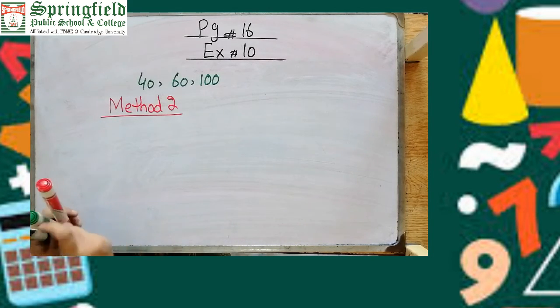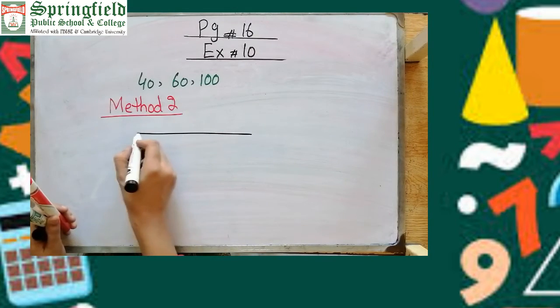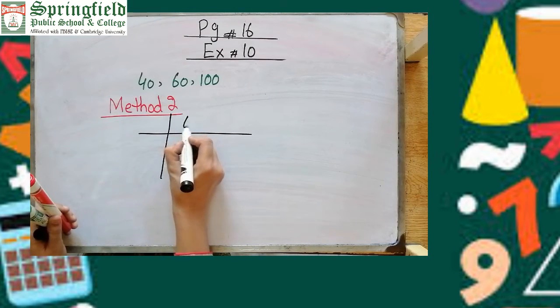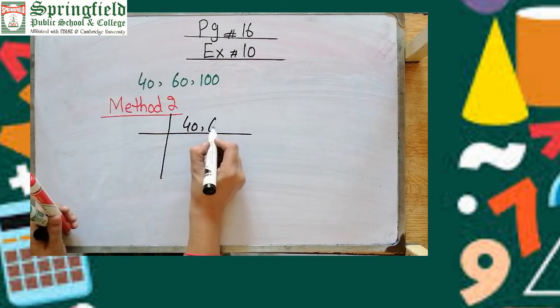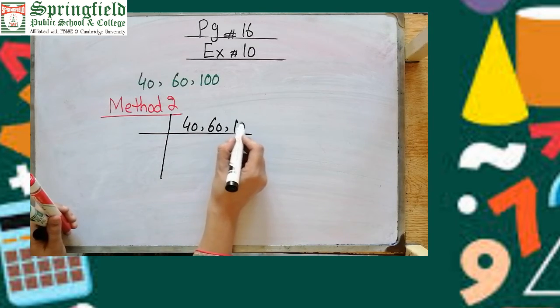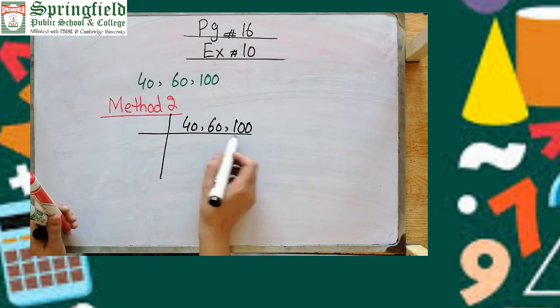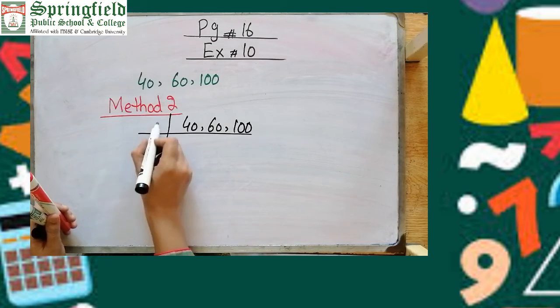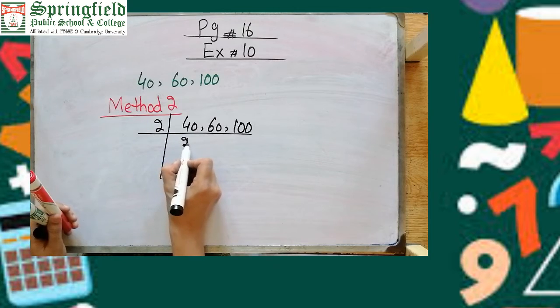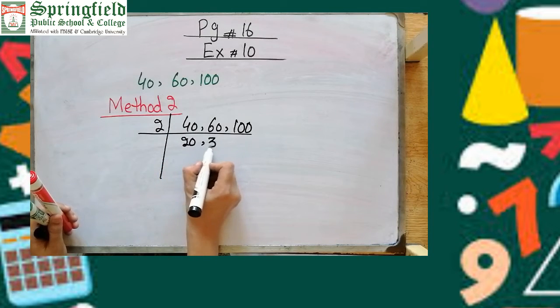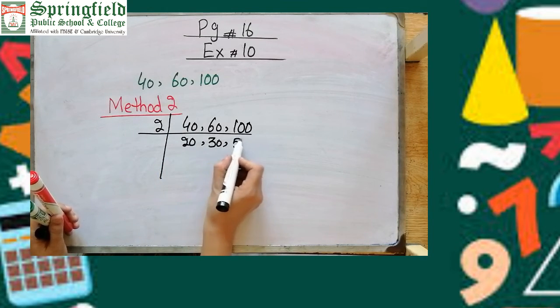In method 2, we will find the HCF of 40, 60 and 100 by combined prime factorization. So keep in mind we will use the table in which all the numbers come. Table 2: 2 20s are 40, 2 30s are 60, 2 50s are 100.